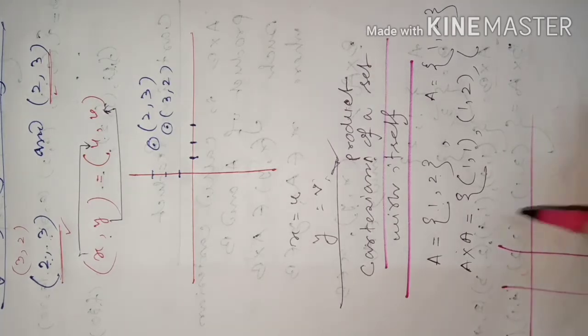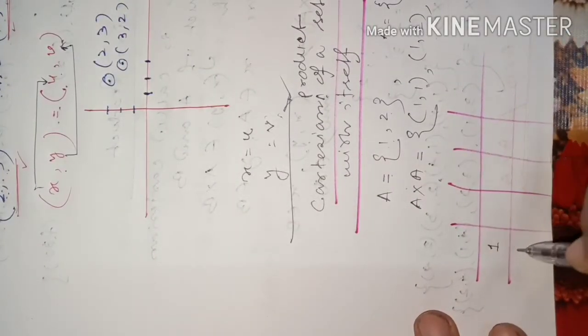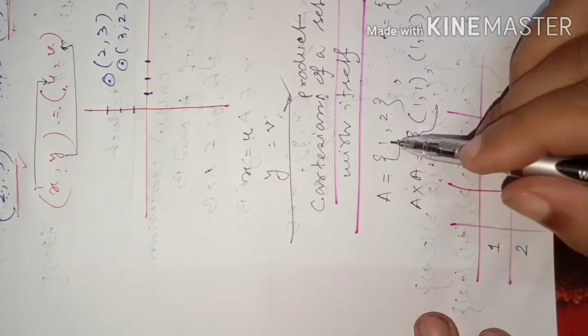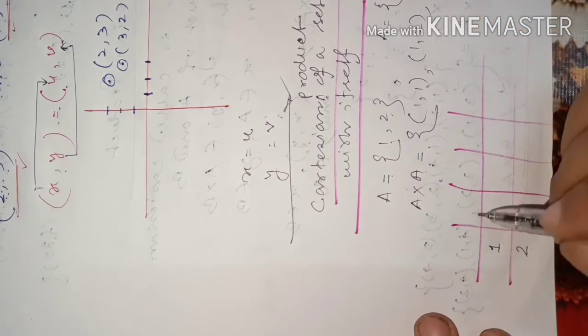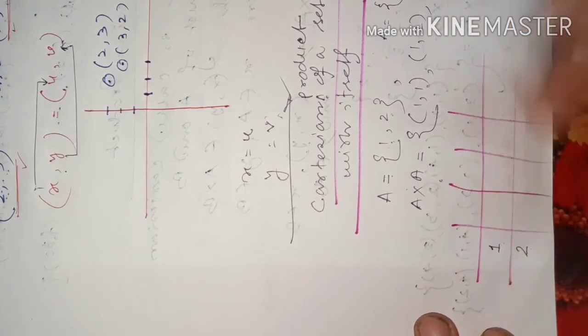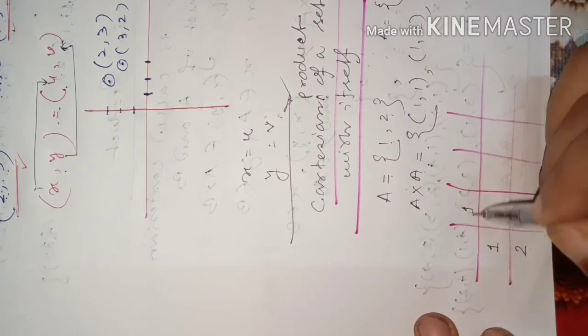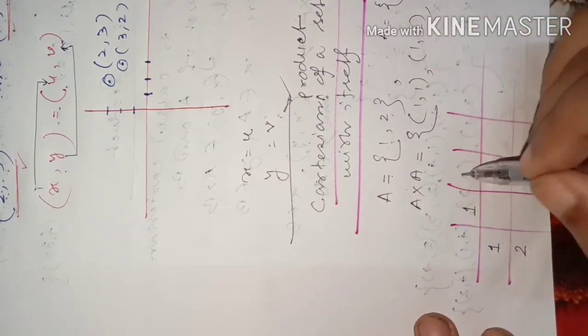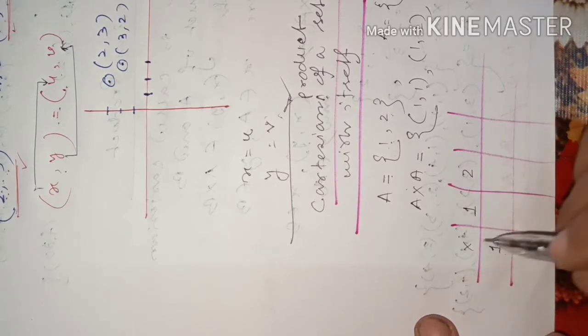For writing the Cartesian product, I am giving you this method. Suppose the first set A, each element you write here, 1 and another element 2. This set A, each element you write in horizontal order. Now you are writing the Cartesian product of this 1, 2 and this 1, 2.